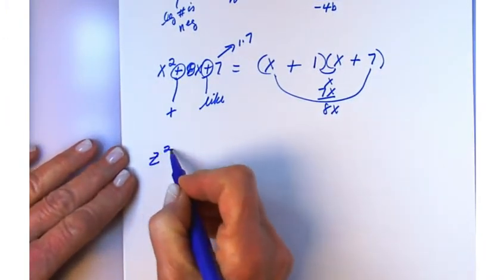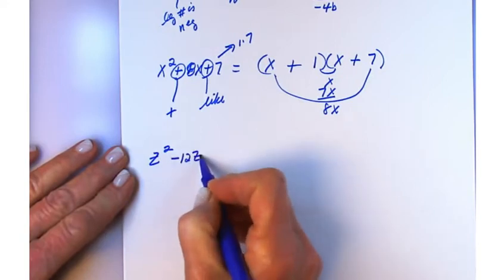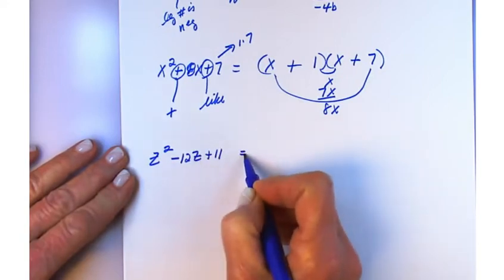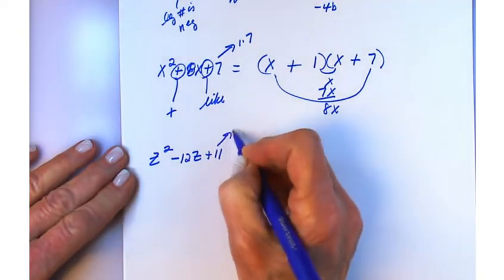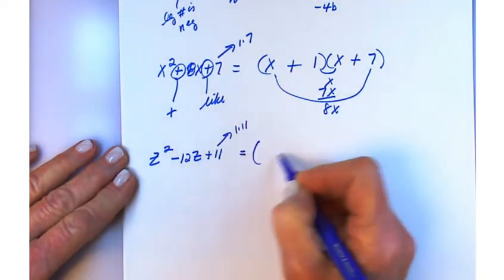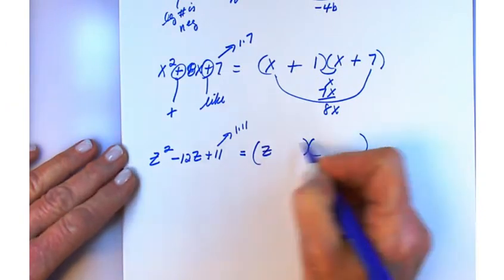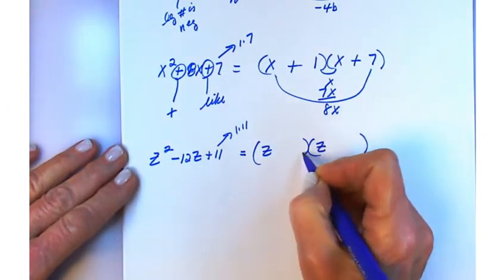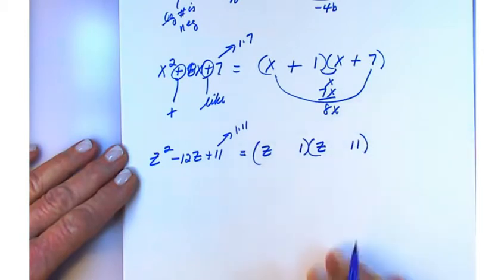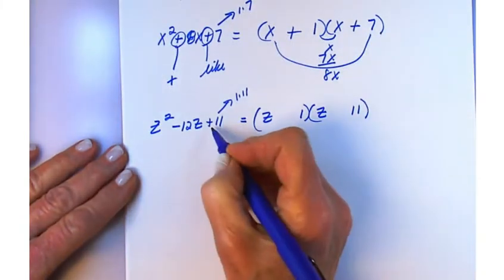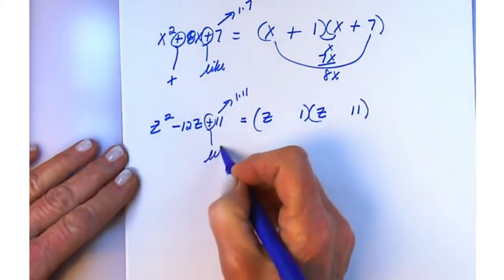Z squared minus 12z plus 11. 11 is prime, 1 and 11. Z squared is z and z, 1 and 11. This tells me my signs are like.